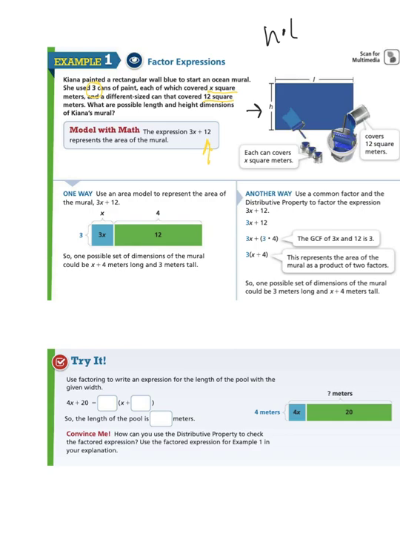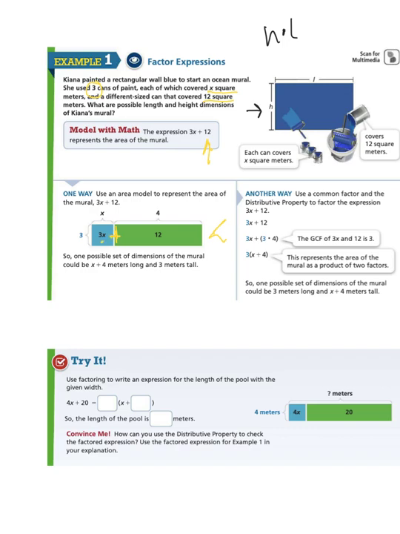So when you do this, you can factor an expression or take a number out. In this example, they show you a bar diagram right here, and you can use this area model to represent the mural. So you have 3x plus 12. So in the bars, you have 3x plus 12.